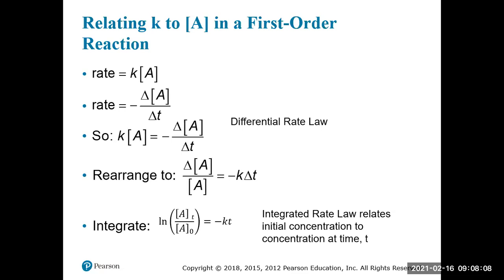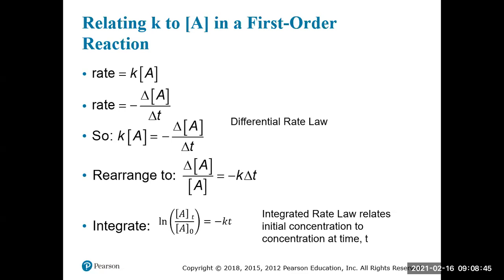So let's go through this quickly so you see how we get to some of these final equations. Those would be the final equations that you would use in calculation. For first order, we said that rate equals the rate constant times the concentration of A, the molarity of A. We also know that we can write rate as minus, because we're using up the reactants, the change in A, in other words, the change in that concentration over a change in time.